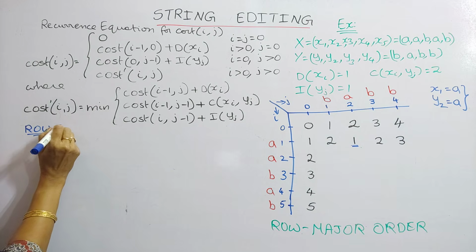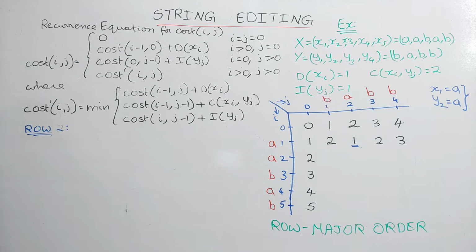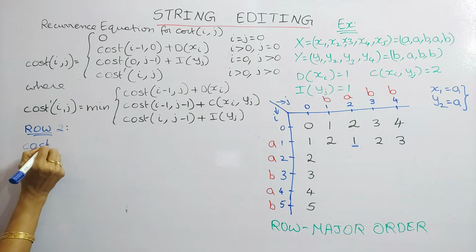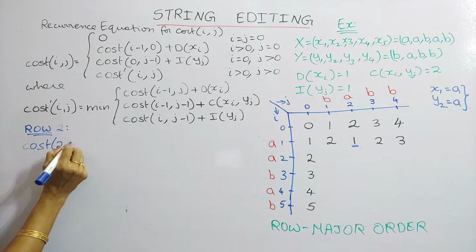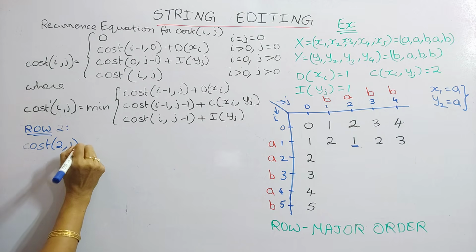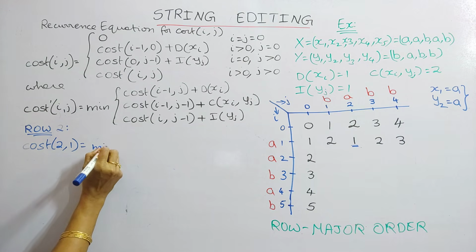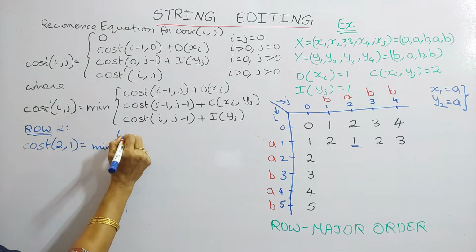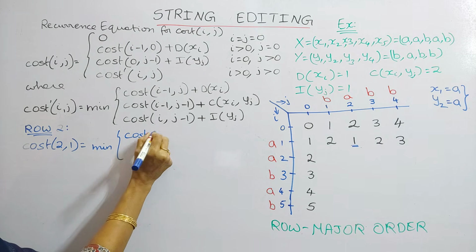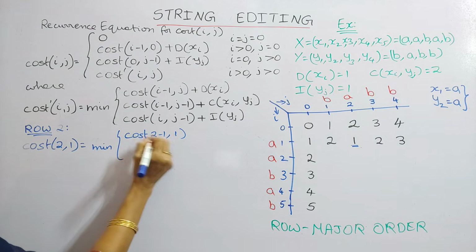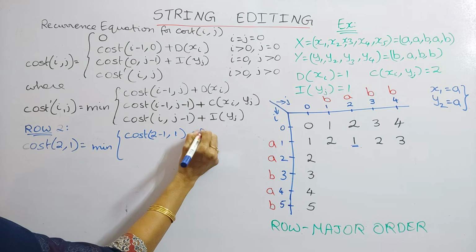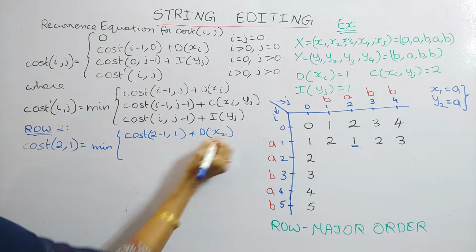So now row 2. The first one is cost of 2, 1. It is the minimum of cost of 2 minus 1, 1 plus d of x2.